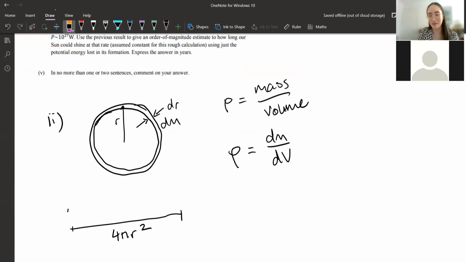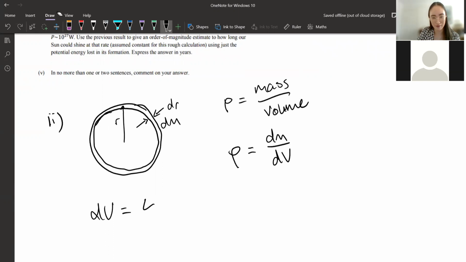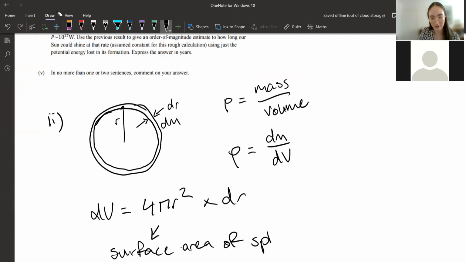It's the surface area of a sphere, right? dV is going to be 4 pi r squared times dr. So it's like the surface area of the sphere times the thickness of this blanket layer covering it.